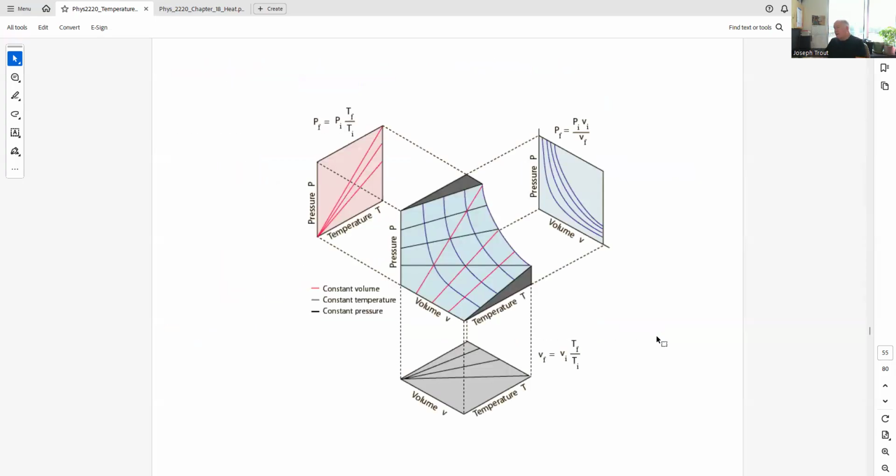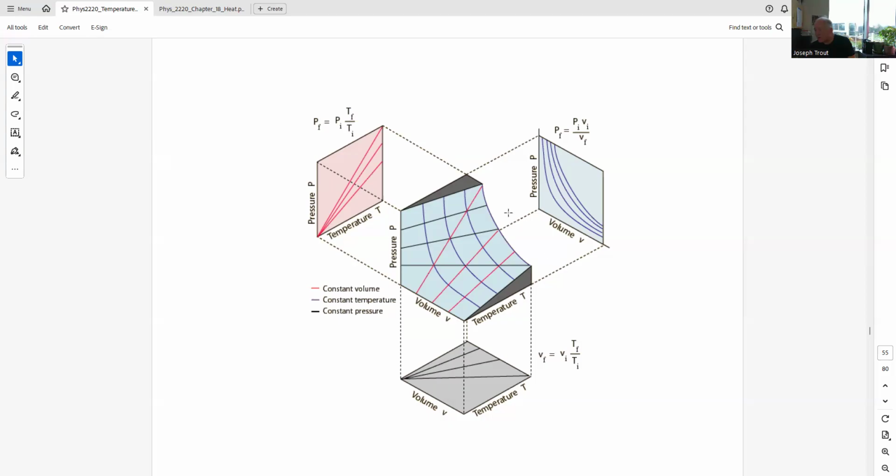Okay, so really we should put this on a plot that is 3-dimensional. So we have pressure and volume and temperature. And if we cut these up, so for instance, if we hold volume constant, we'll take a slice this way, and we end up with this pink graph here. So as temperature increases, pressure increases.